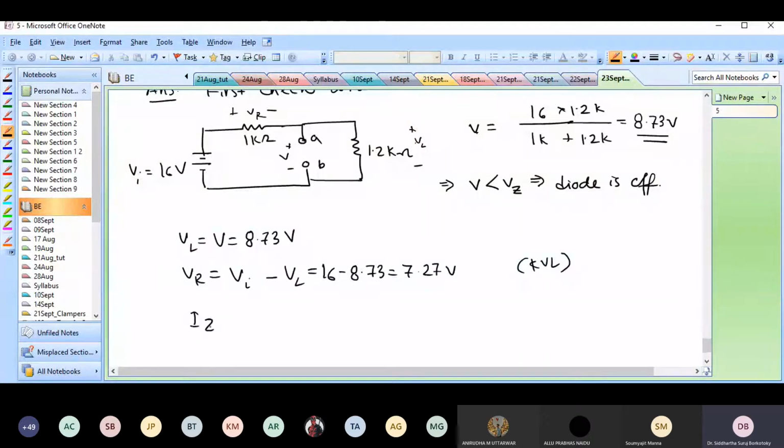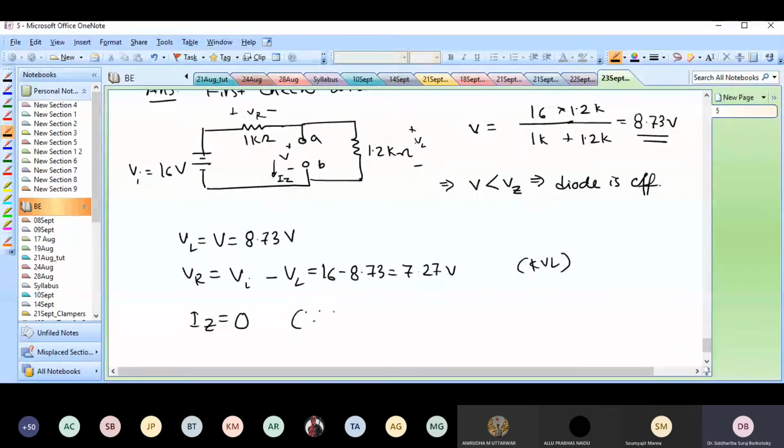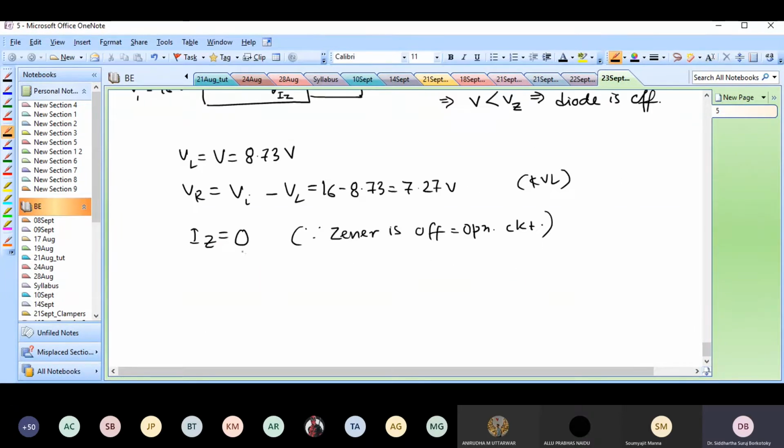What is IZ? What is the Zener current? IZ is of course 0, because the Zener diode is open circuited. Since Zener is off means open circuit. What else were we asked to find?